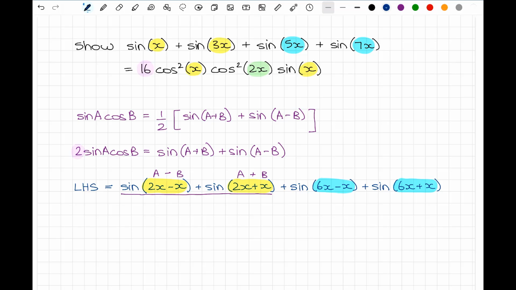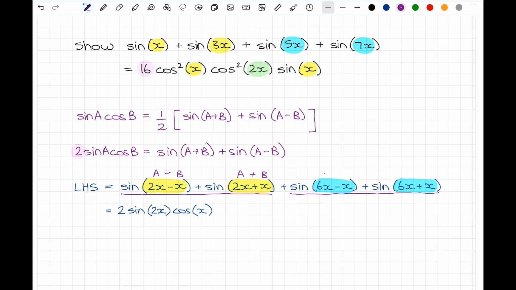So I can now say, well, those first two terms I could write as 2 times the sine of 2x, because A is equivalent to 2x, times the cosine of x, which is what B was. And so that deals with the first two terms, and I can do the exact same thing for the next two terms.